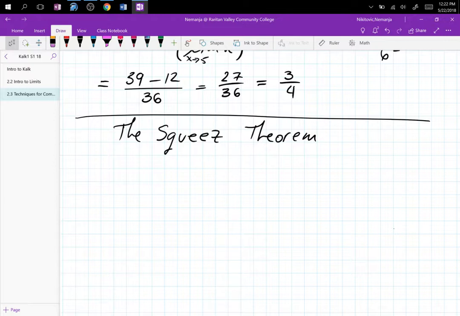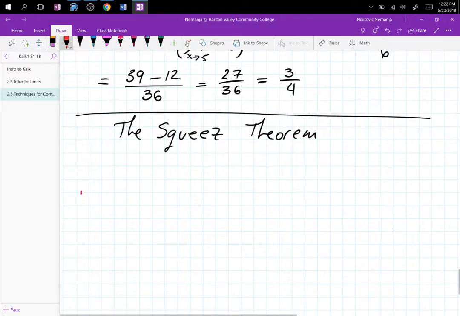I'm going to write the statement first and then explain what the stuff means. So the theorem goes like this. Again, theorem means this is the way we solve the problems.